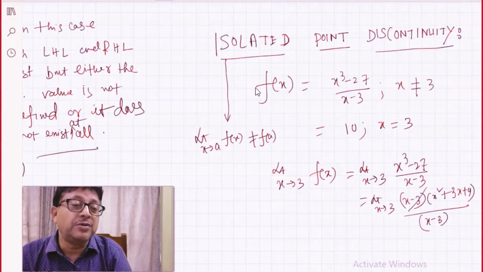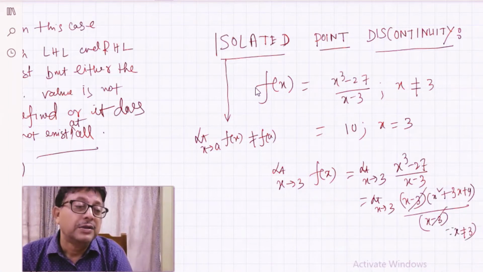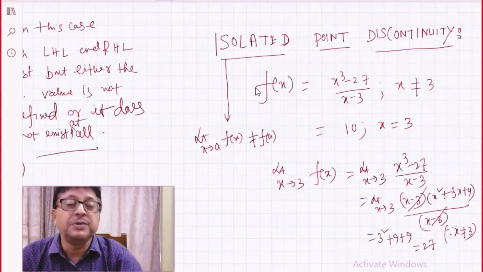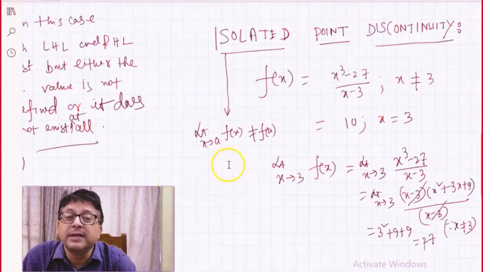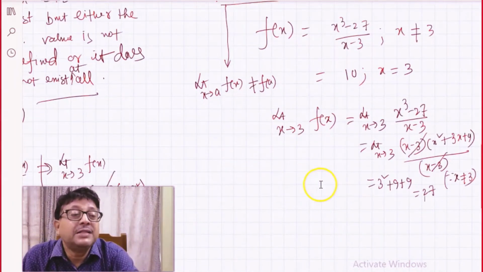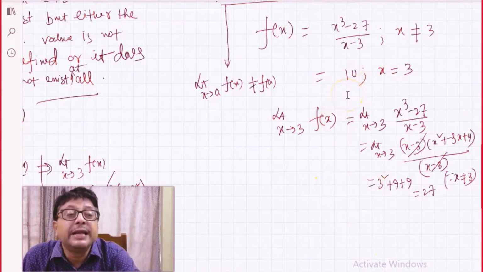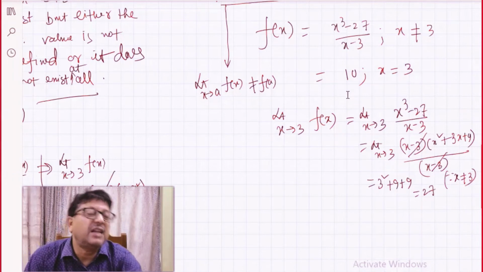Since x not equal to 3, it is tending to 3, so we'll write its value as 3 square plus 9 plus 9, which is equal to 27. Okay. So limit x tending to 3 f(x) exists, but this is not equal to 10. So the function, we will say that it is discontinuous at x equal to 3.